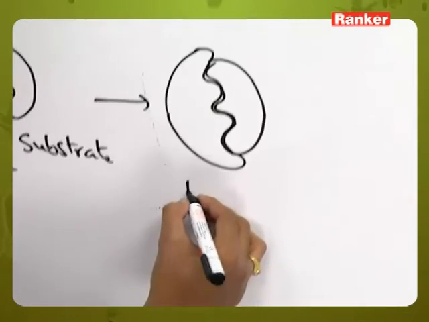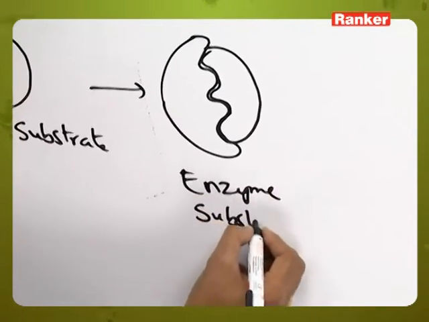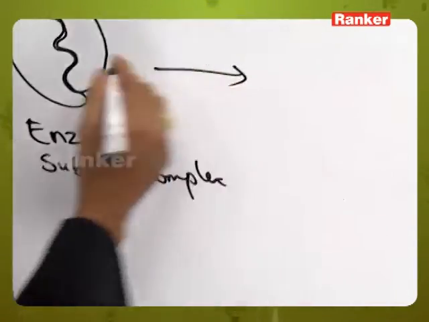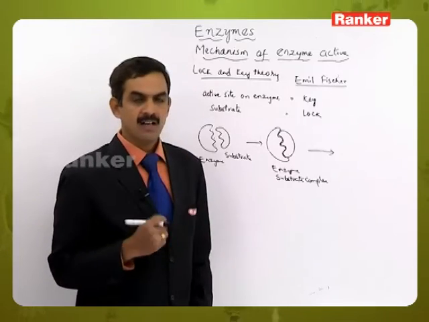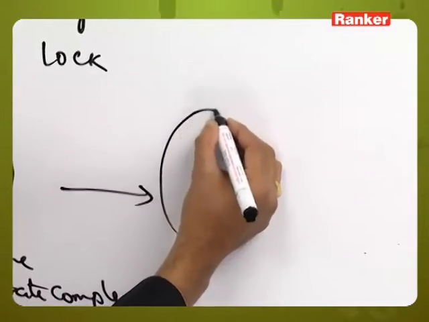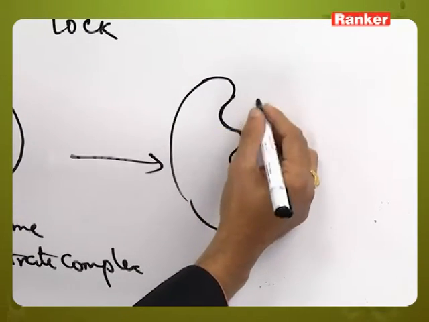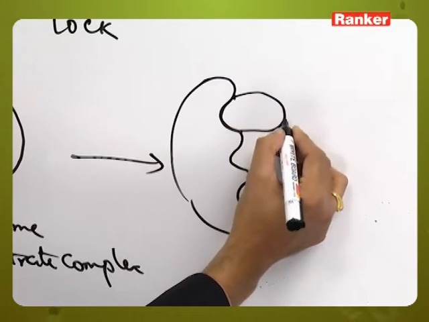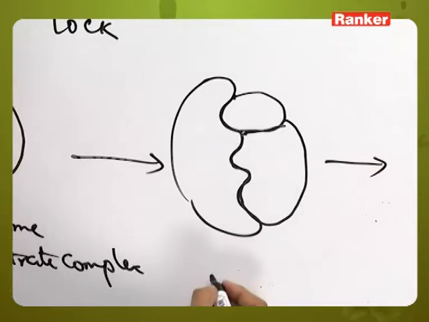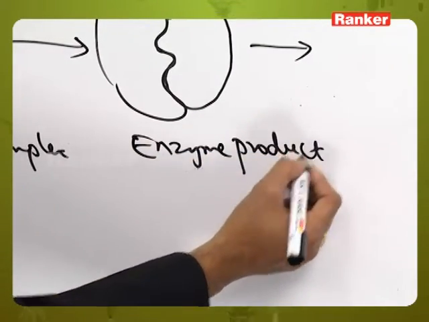We can call it an enzyme substrate complex. In the meantime, the catalytic site will help the substrate to convert into the product molecule, where the bonds have been broken, and it is called the enzyme product complex.